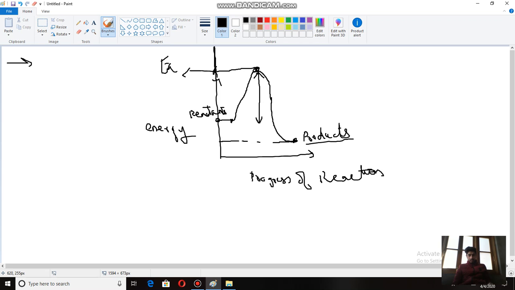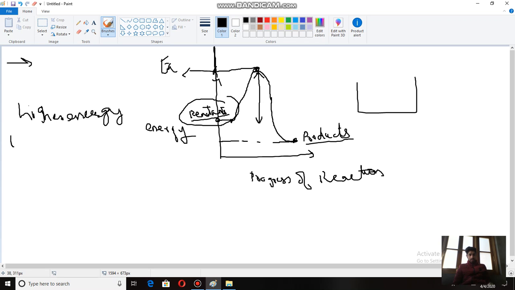I think I should answer this. Why are reactants at a higher energy level than products? See, higher energy means less stability.